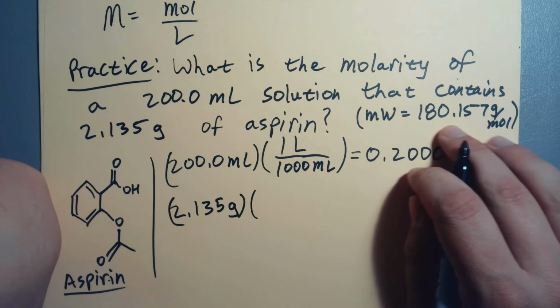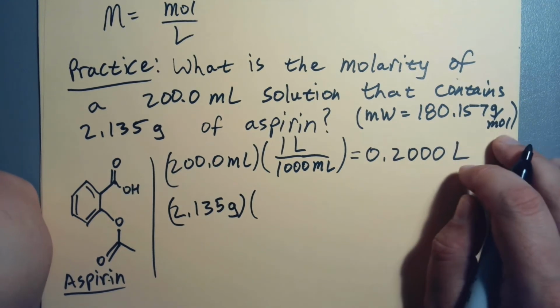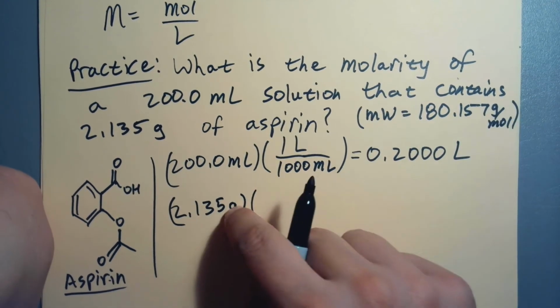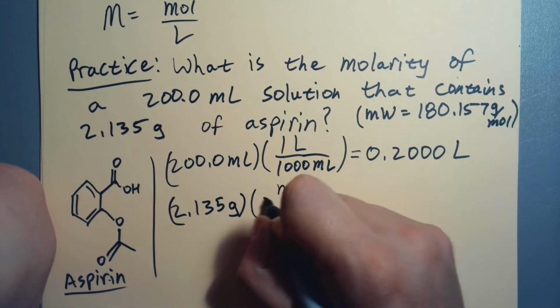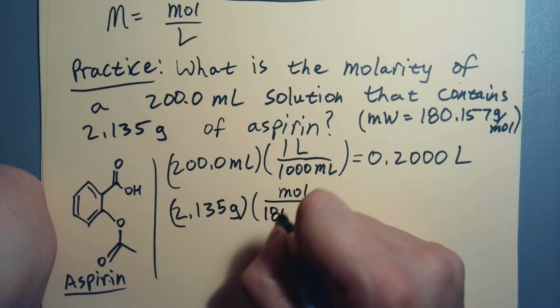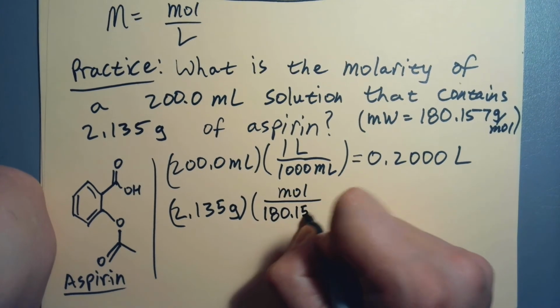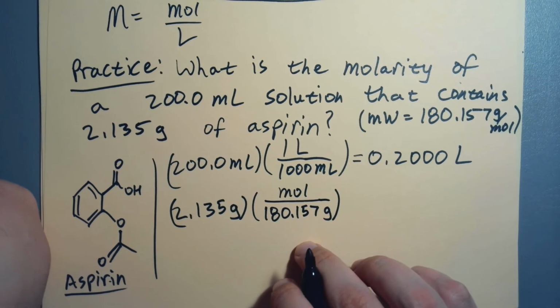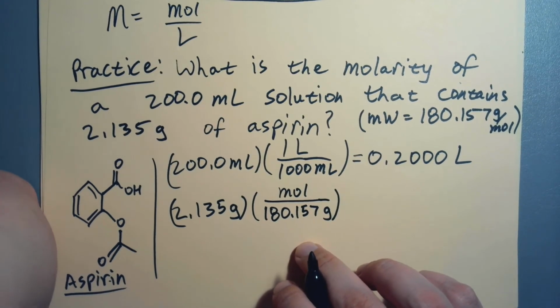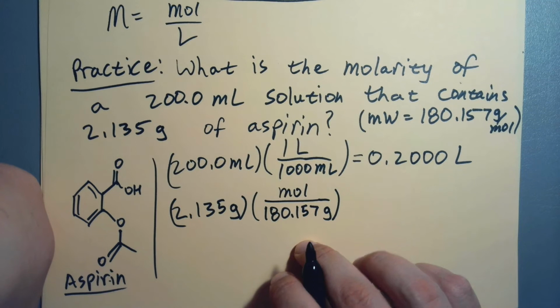Well, there's 180 and some change grams per mole. If I write it like that, grams aren't going to cancel, so I have to flip it. So for every mole of aspirin, there's 180.157 grams.